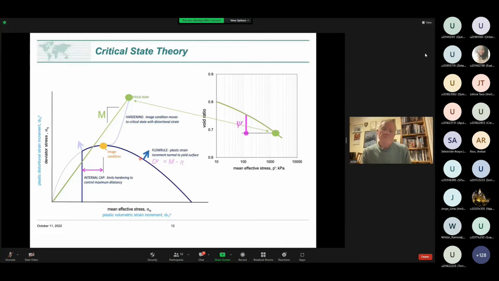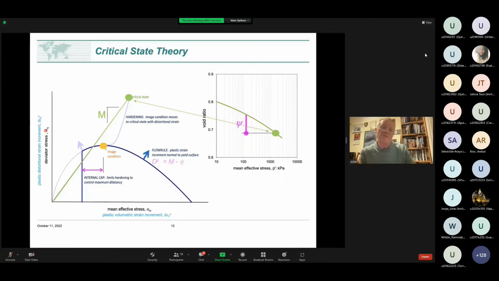Now, I've actually put two graphs on top of each other because you notice my axes here. I'm plotting distortional strain increment and plastic volumetric strain on the same axis. So this is, if you will, two graphs put on top of each other. And you don't get a free choice in what these groups of stresses and strains should be. They have to be what's called work conjugate.